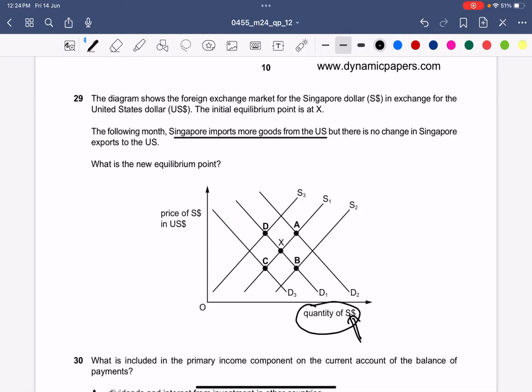So when Singaporeans want to buy goods from the US, they need to use Sing dollar to buy more US dollar. So this will increase the demand for US dollar.